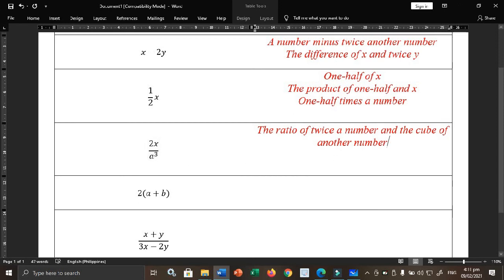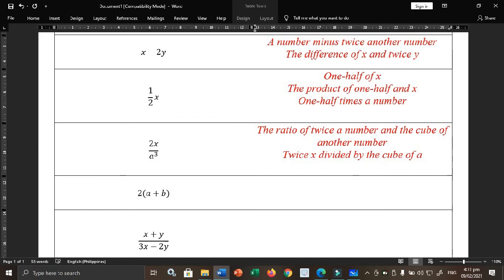So, pwede yan. Pwede din naman na you have twice x. Pwede nyo straight up na isulat na twice x divided by the cube of a. Pwede nyo isulat. So, yun. There are a lot of options actually.